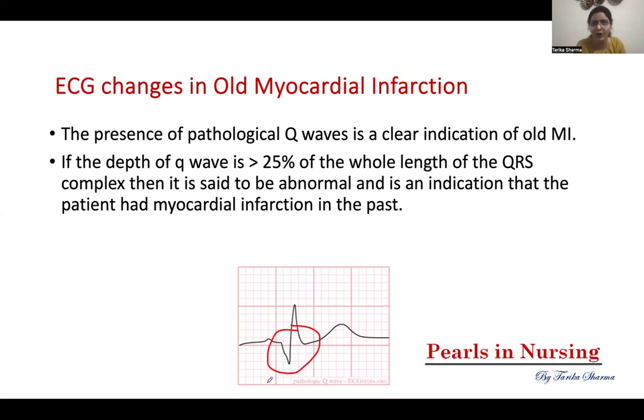Usually it is on the isoelectric line only, or maybe one small box deep down, which is the normal length of the Q wave. But if it is deeper, it tells you that the person had a previous history. Not now, but the person had an old myocardial infarction. So this is how it will be seen on the ECG graph paper.